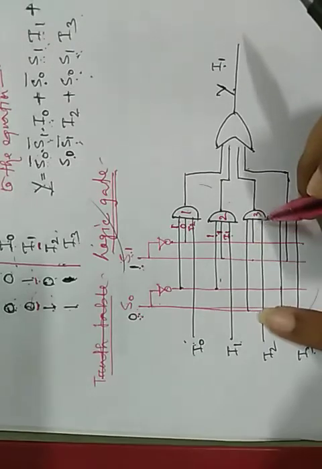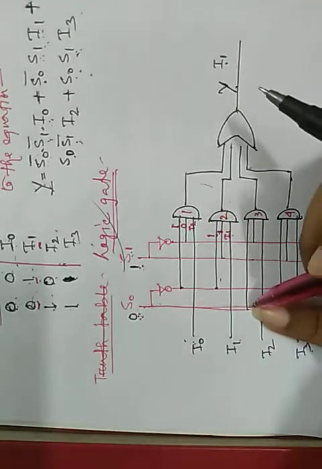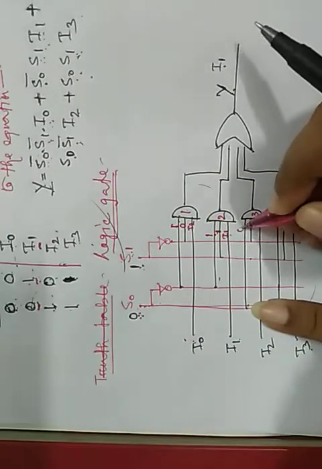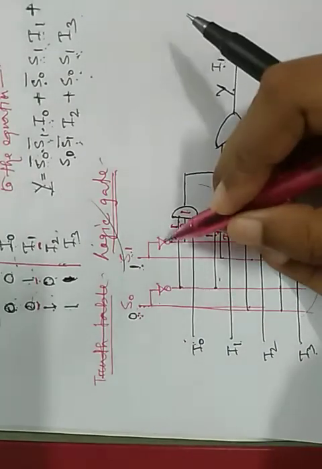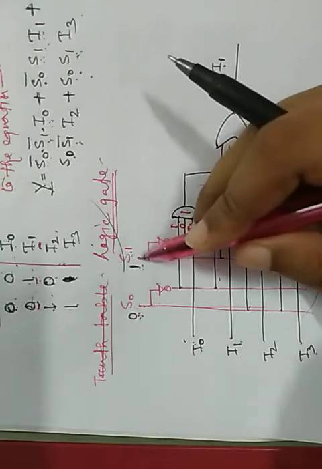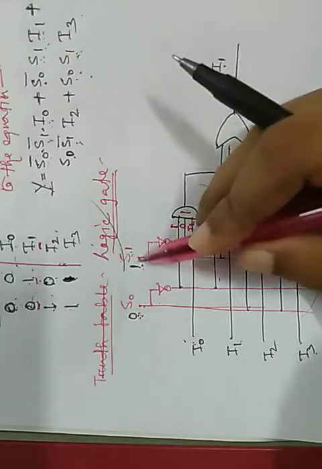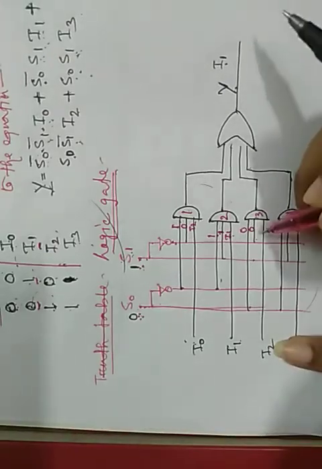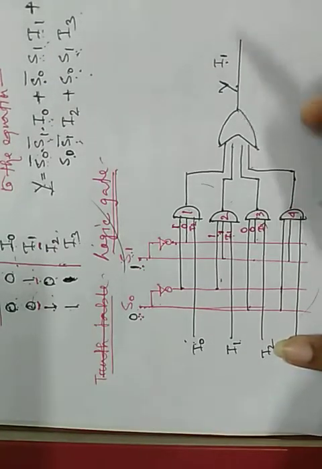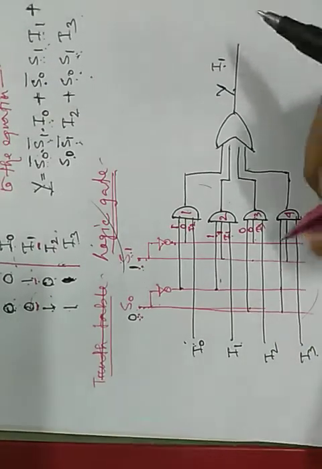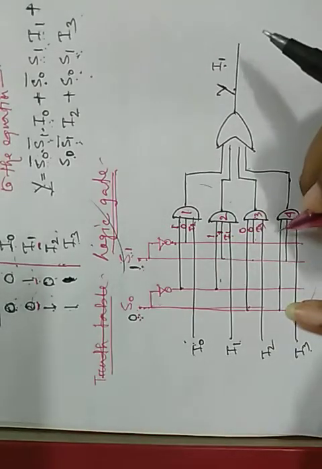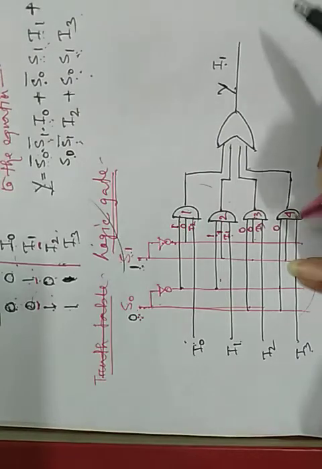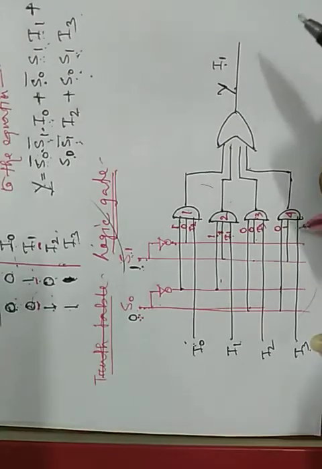In the third AND gate, S0 is directly connected, so 0 is there. From S1, the complemented value is connected, as we pass 1, so we get 0 here, and here I2. In the fourth AND gate, S0 is directly connected here, so 0 is here. S1 is directly connected, so 1 is here, and I3.